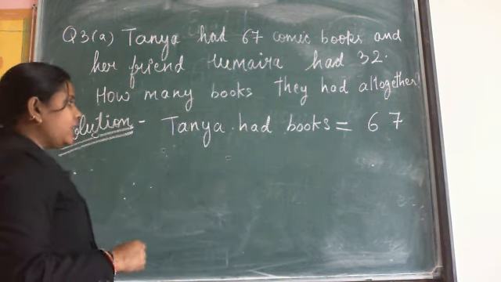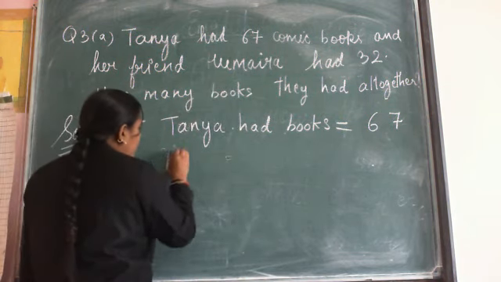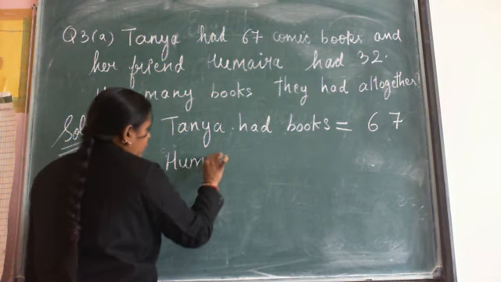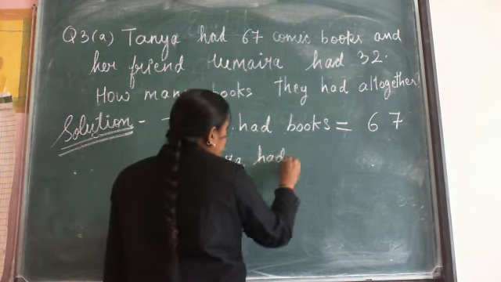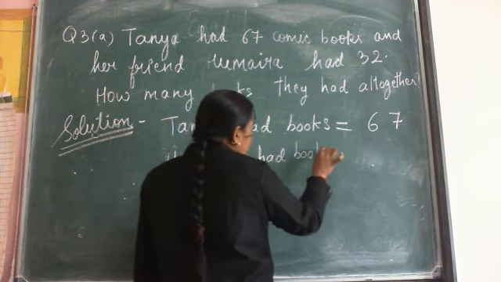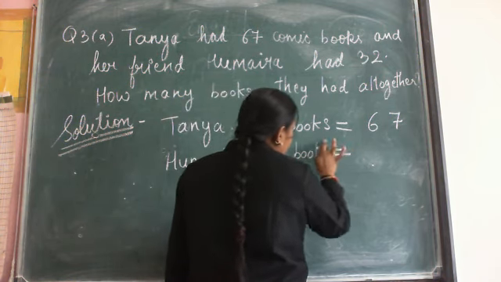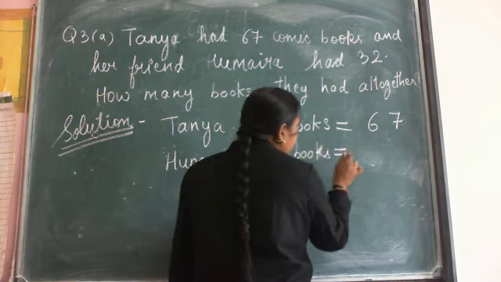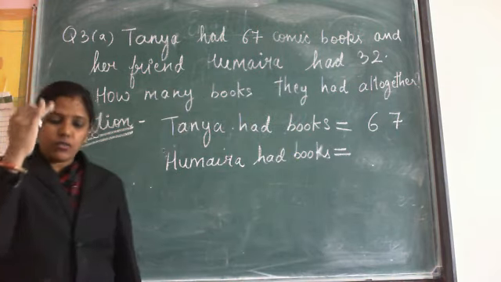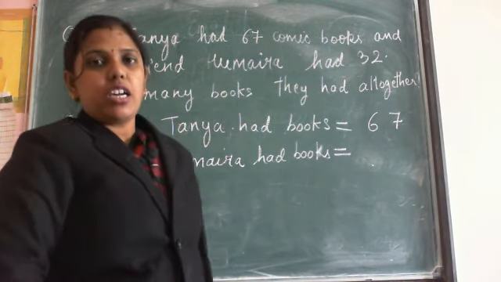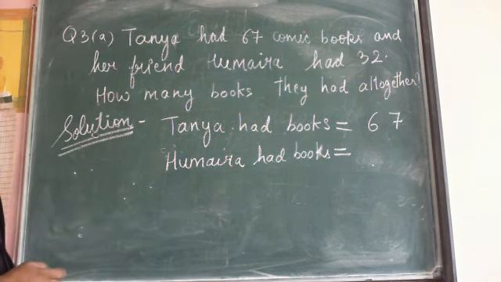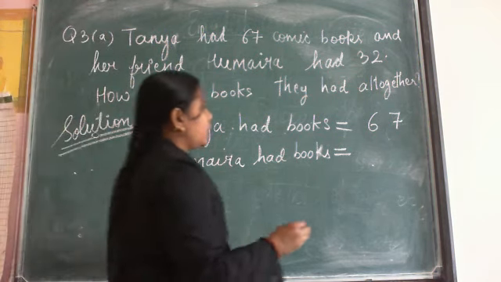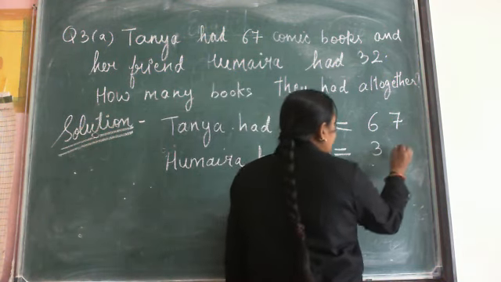Now her friend, that means Humaira. Write Humaira had books. How many books did Humaira have? Make sure the signs are in the same line, one below the other. The comic books Humaira had is 32, so write here 32.